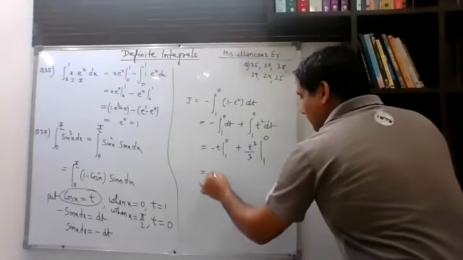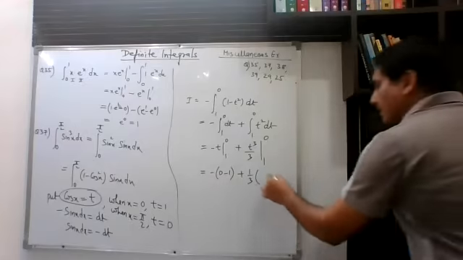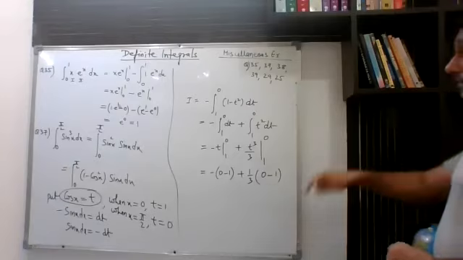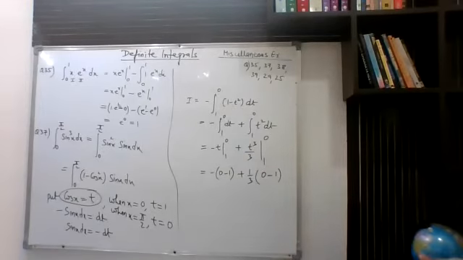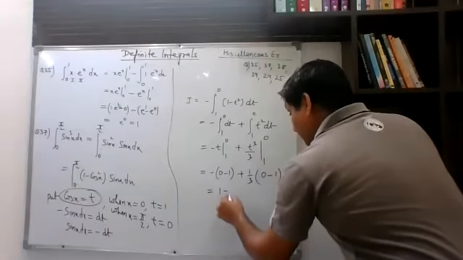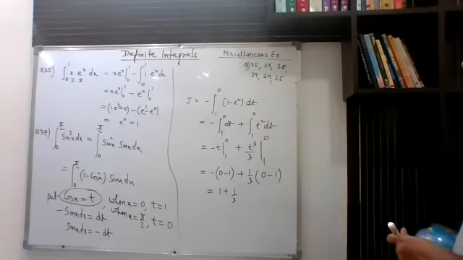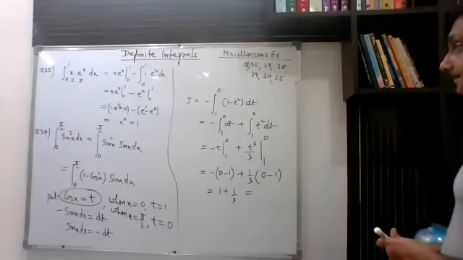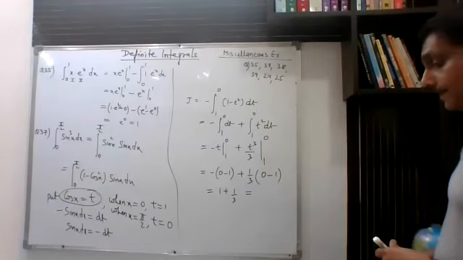Let us substitute. So 0 minus 1 plus 1 by 3. In place of t, I am putting 0 and 1, upper limit minus lower limit. So finally you will get minus 1 plus 1 by 3.